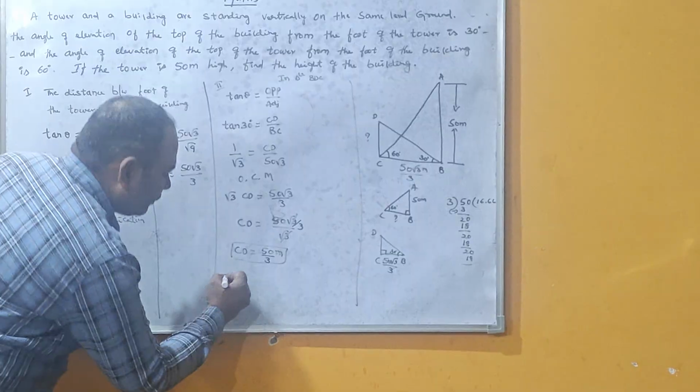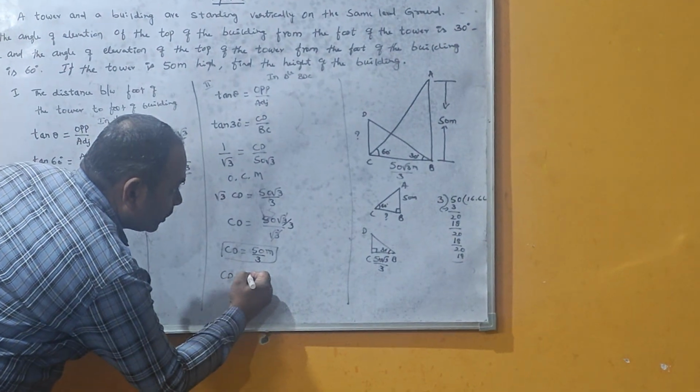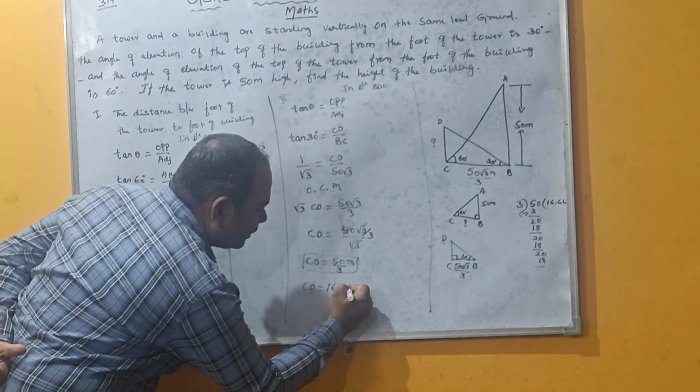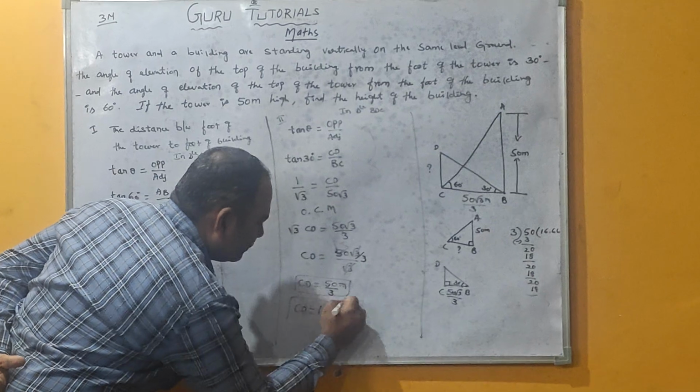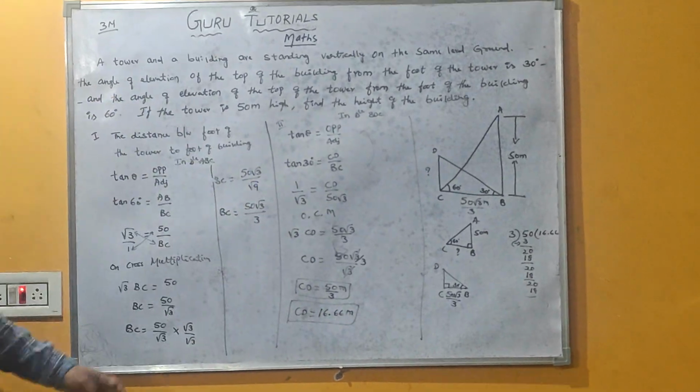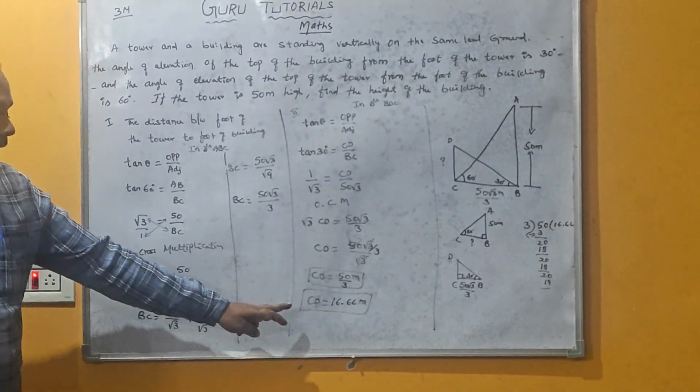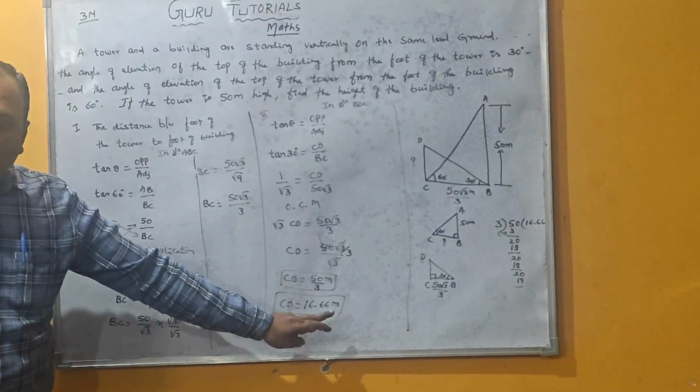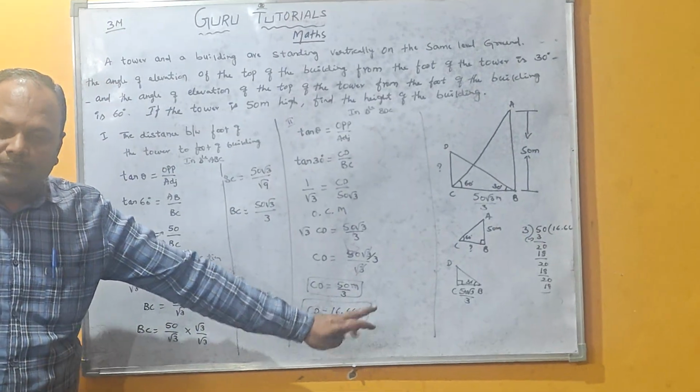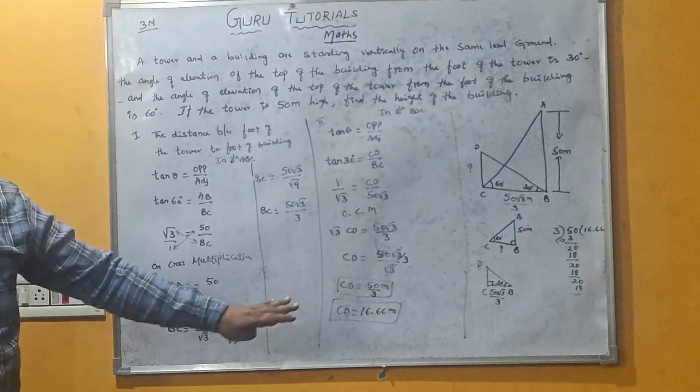So how many meters did we get? CD is equal to 16.66 meters. So the height of the building is 16.66 meters. Understood?